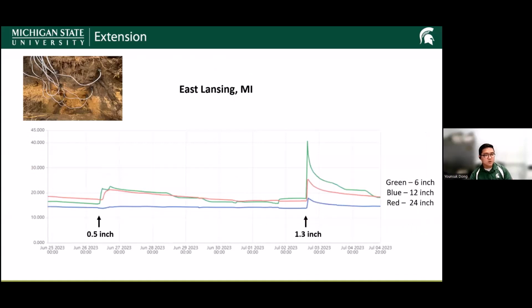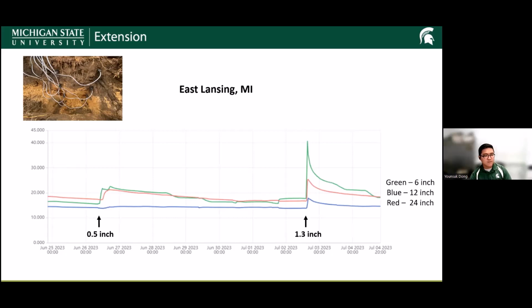So this year we've been putting soil moisture sensors at different locations in corn and soybean fields, and I want to just show the data. This data was collected from June 25th until July 4th.